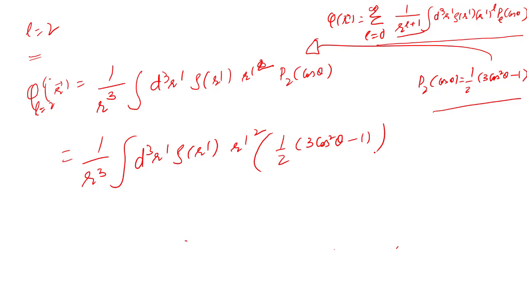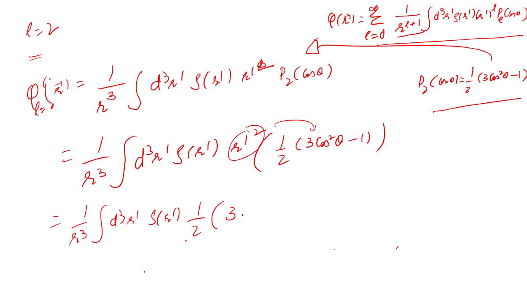And now I can rewrite this by taking r prime square inside. So I would have 1 over r cube, d cube r prime rho of r prime, half of 3 times r prime square cosine square theta minus r prime square.